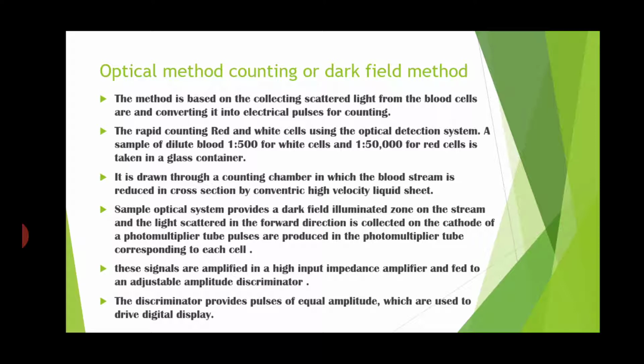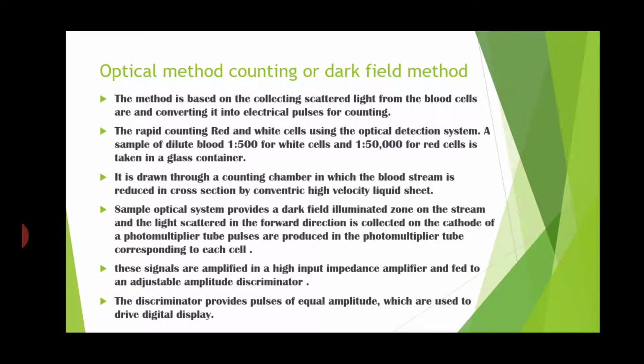The optical system provides a dark field illuminated zone on the stream, and the light scattered in the forward direction is collected on the cathode of a photomultiplier tube.